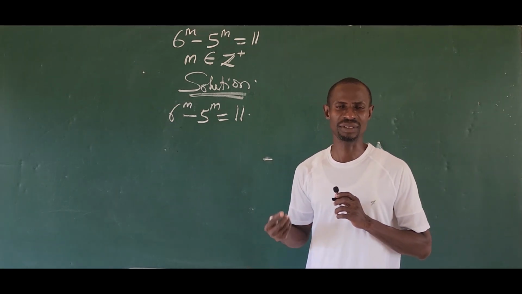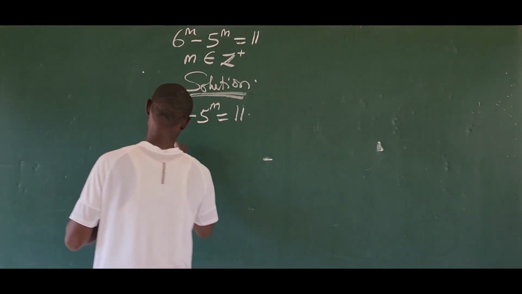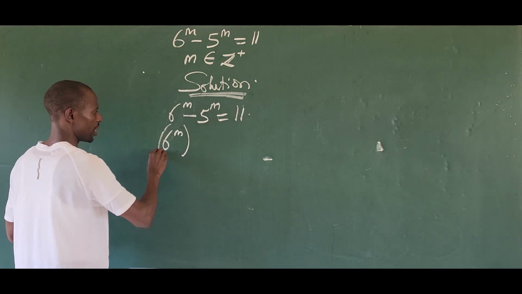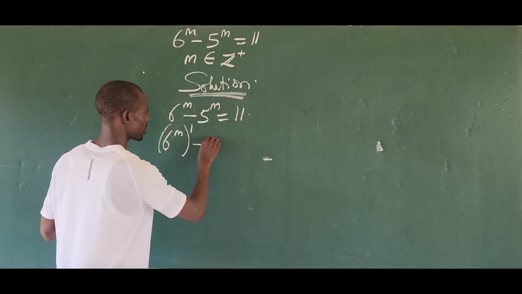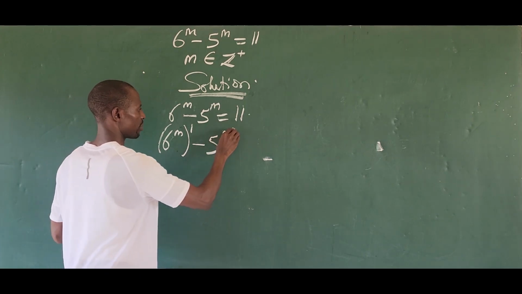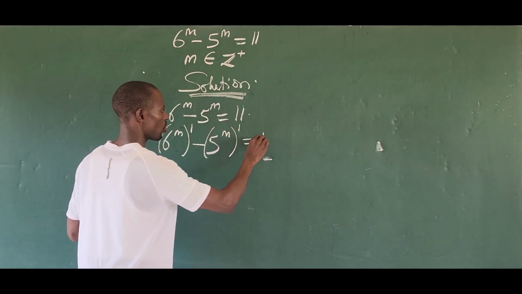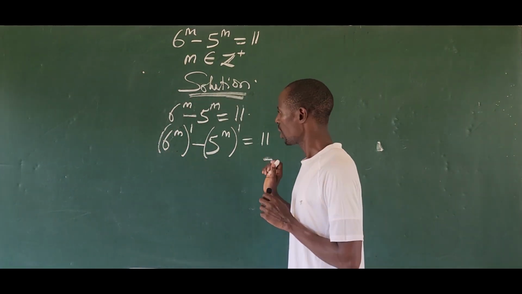We equally have difference of two cubes, right? So if I decide to raise this 6 to the power of m to the power of 1, then minus 5 to the power of m raised to the power of 1 equals 11, this has not really changed a thing.